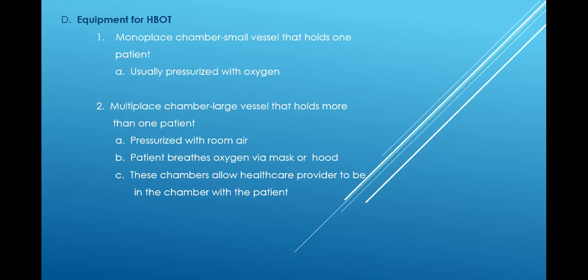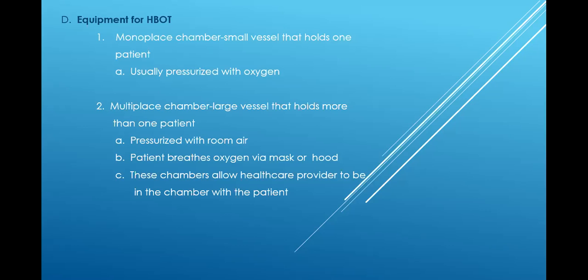We pressurize it with just room air, okay? So how does the oxygen get to the patient if you're only pressurizing it with room air? Well, each patient will have a mask on or a hood on receiving their individual oxygen, okay? So if that person has a little hood on and they're getting 40% oxygen, once we turn them down to 3 atmospheres, that pressure of oxygen that they were getting is way more, right?